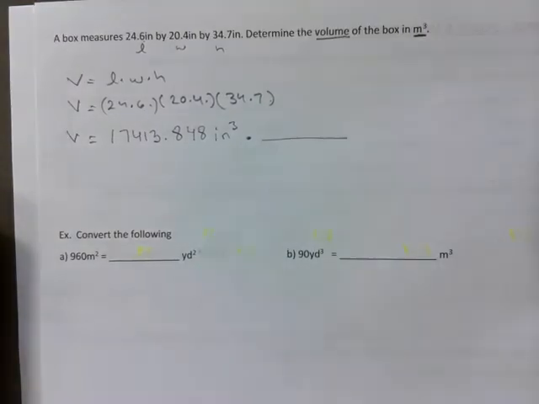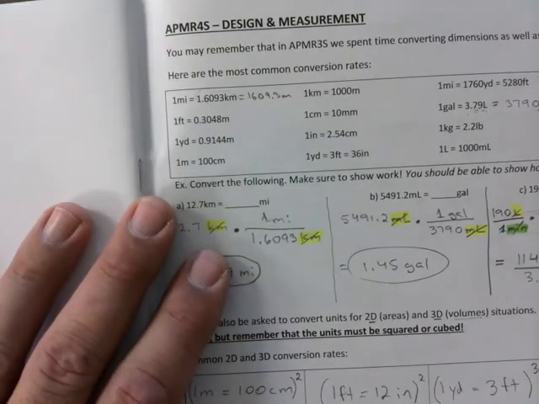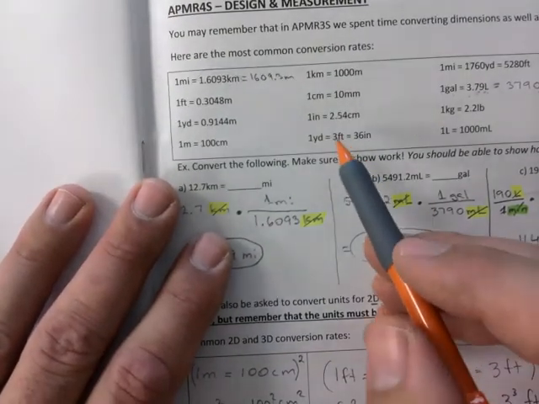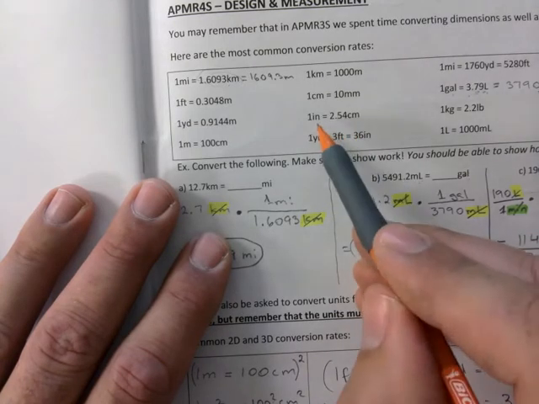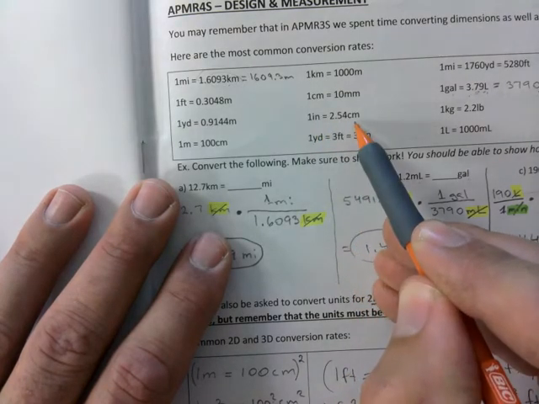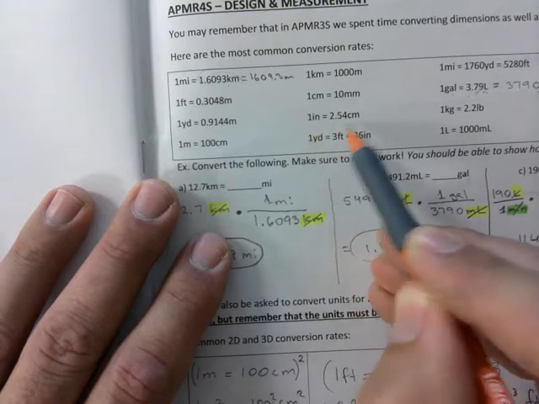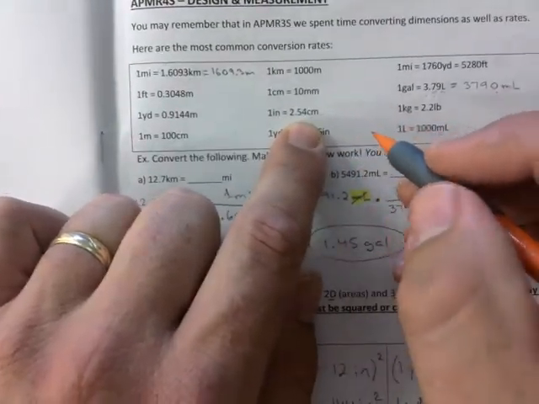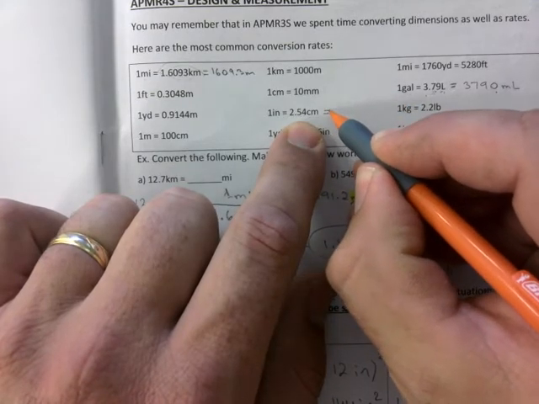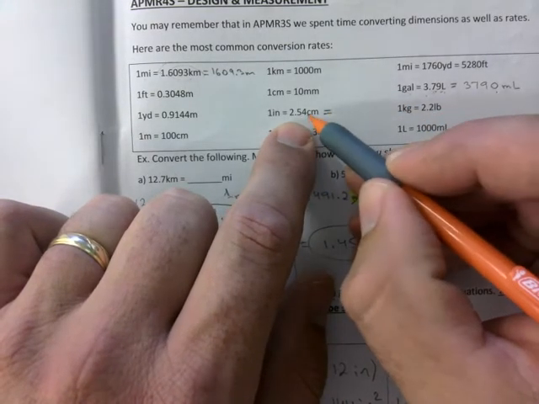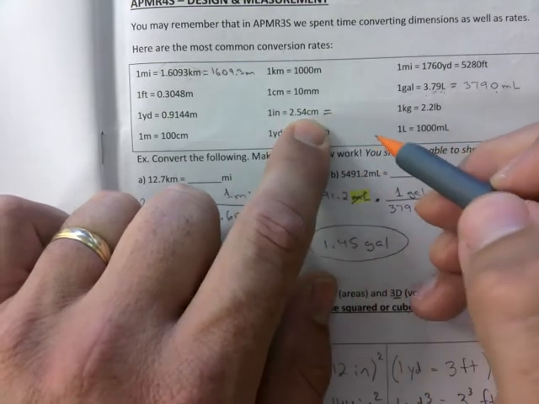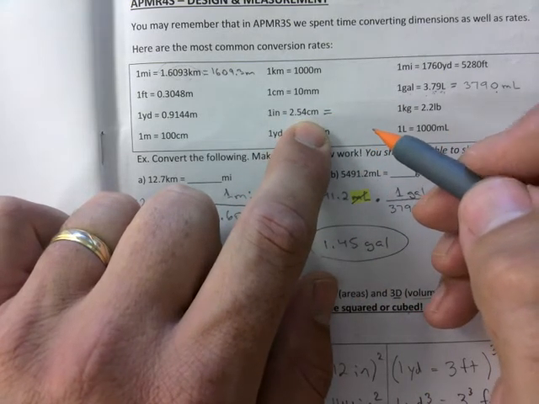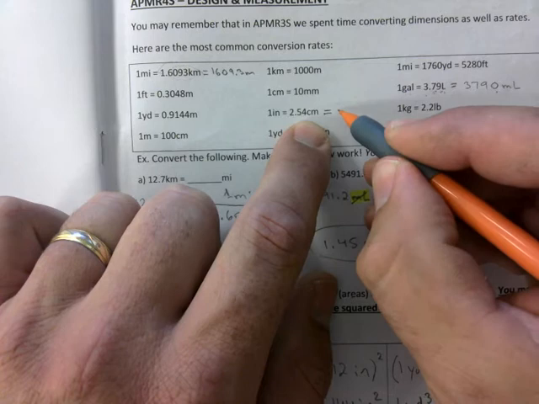I'm going to go find something that's going to help me. So inches to meters. Let me see. I have inches to centimeters, right? And I will give you a cheat here. Can I turn the centimeters to meters? What do I need to divide it by? 100.